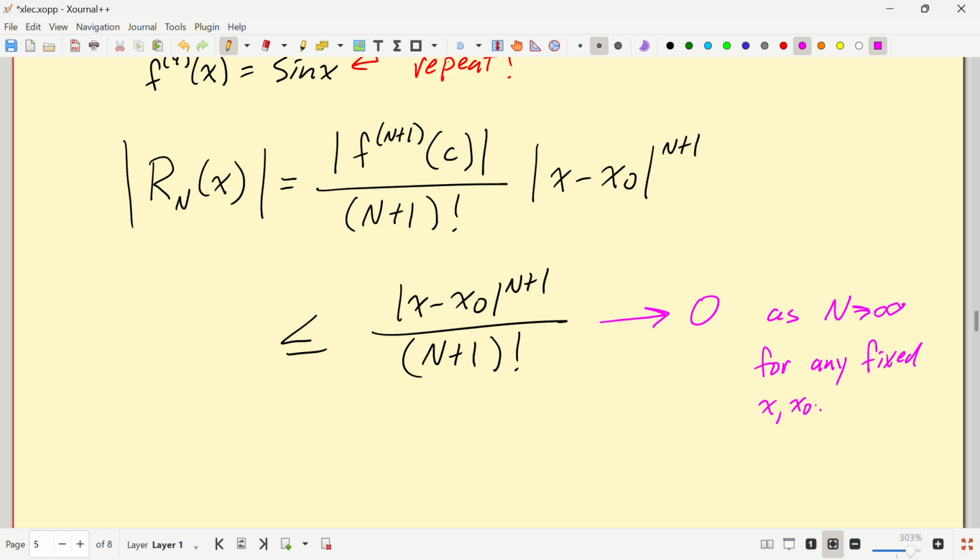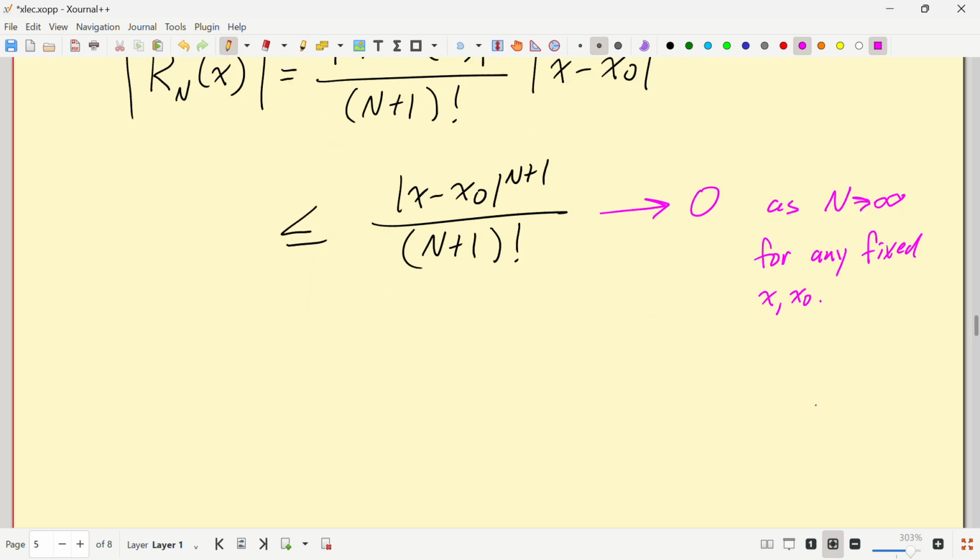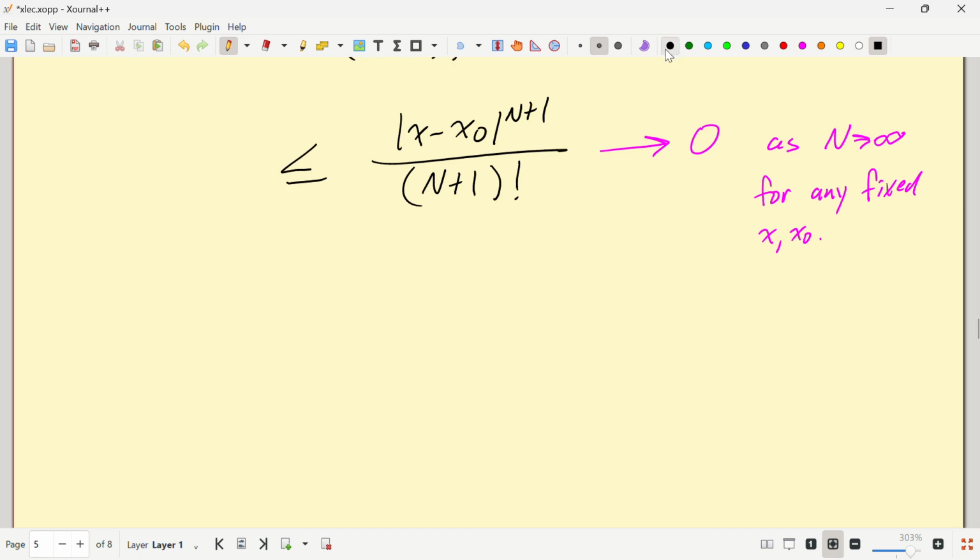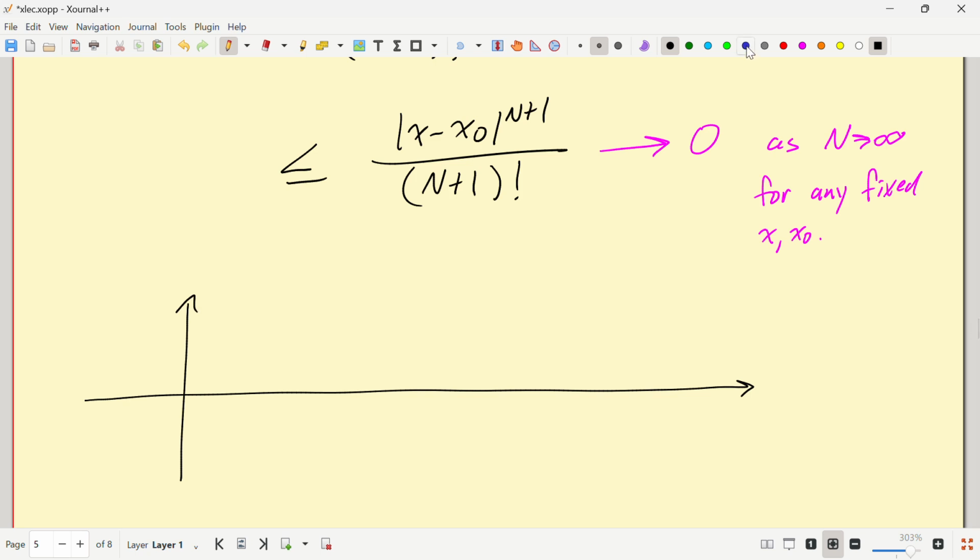And one of my favorite graphs to demonstrate in freshman calculus is how beautiful that convergence is. So let's say the sine function wiggles like that.